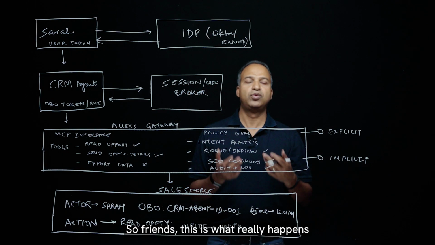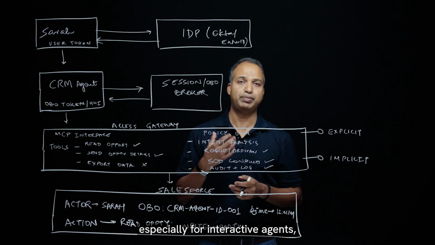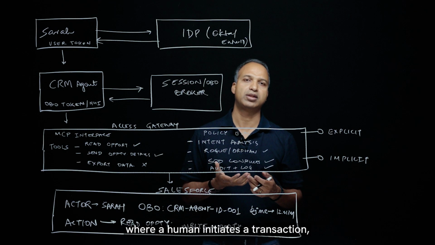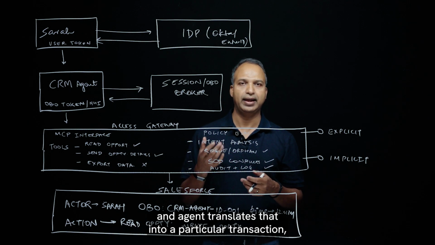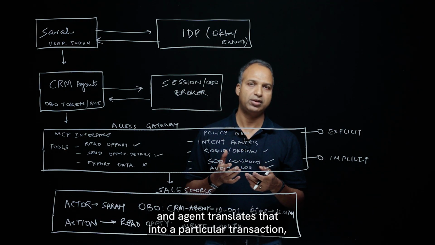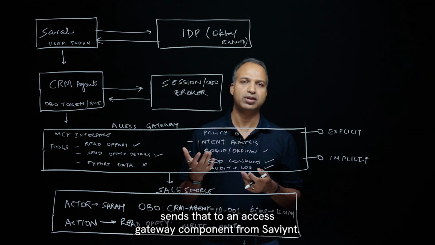So, friends, this is what really happens when you perform an agentic transaction, especially for interactive agents, where a human initiates a transaction, or tells an agent what to do. An agent translates that into a particular transaction and sends that to an access gateway component from Saviynt.